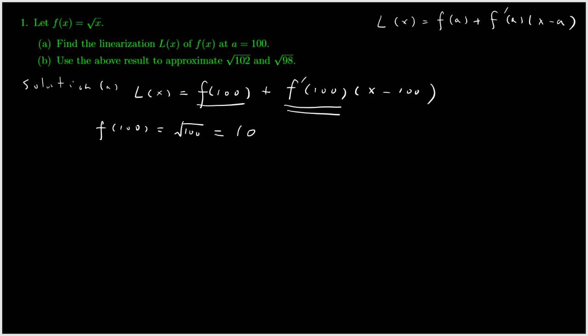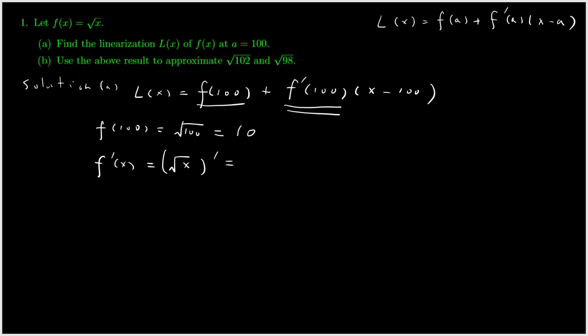So we got the first number we need. Later on in the linear function, the first term, the underlined term, is going to be replaced with 10. Now how can we get the derivative of the function at 100? Before we do that, we have to differentiate the function. The derivative of the square root of x, you know how to differentiate that.